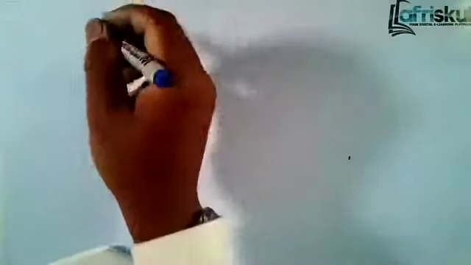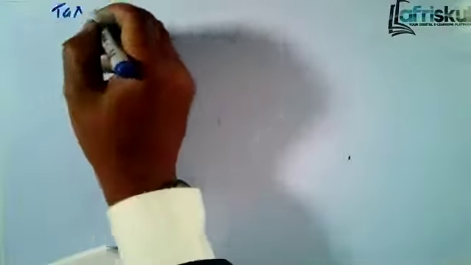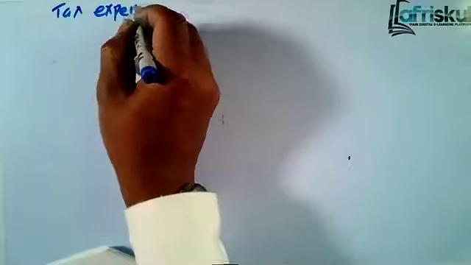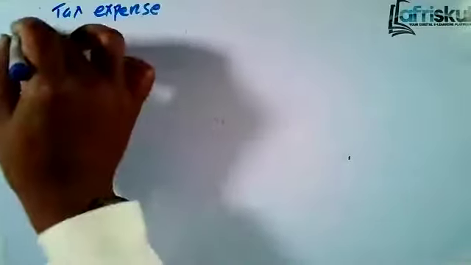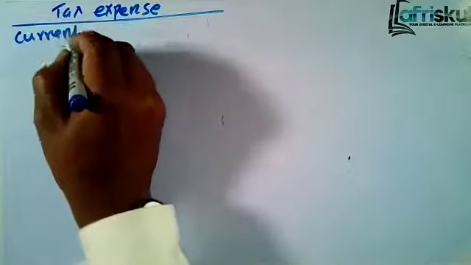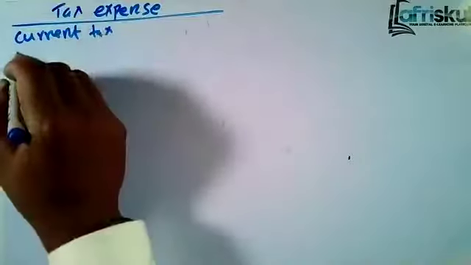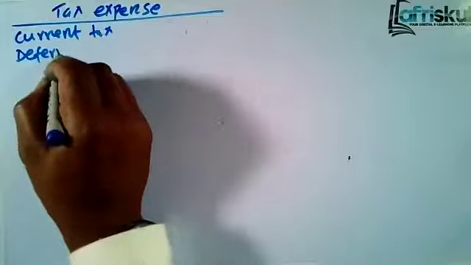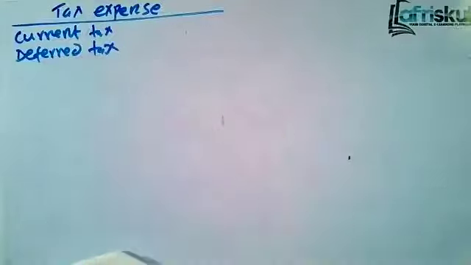So remember we said that tax expense is made up of 2 items. Number 1 is the current tax and the changes in deferred tax.